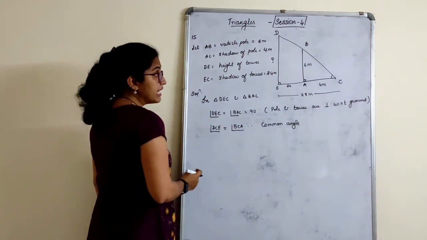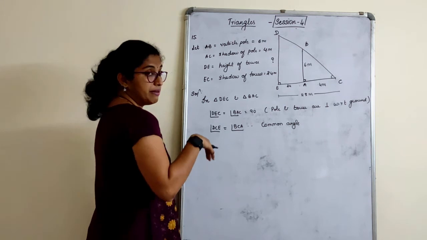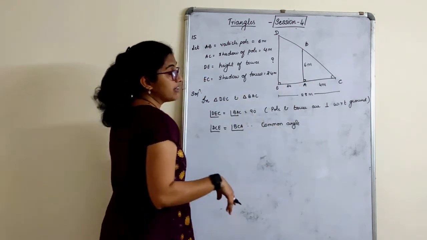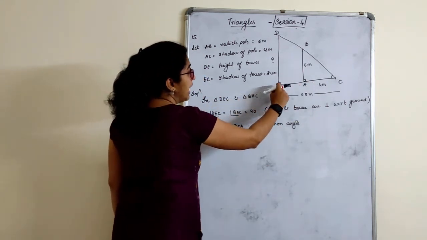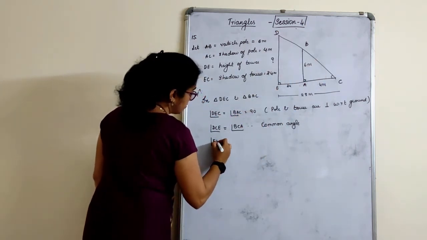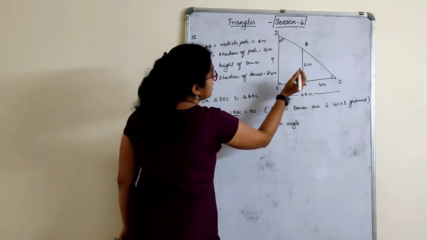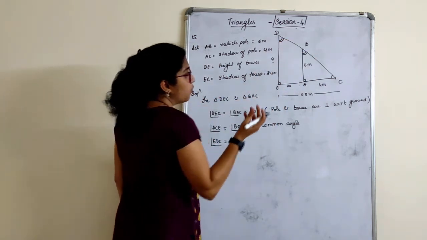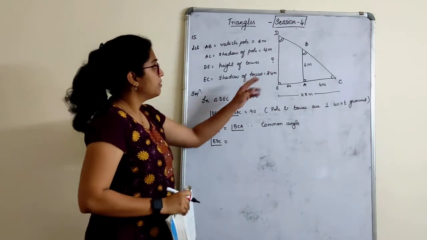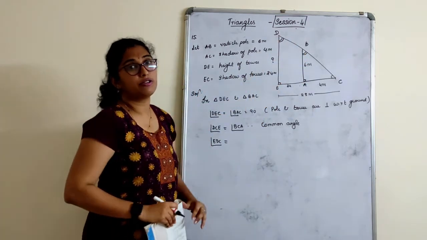Now which is the third angle? Actually the third angle is required here. Let us write the third angle, children. Why? Because the sides we have lie in the third angle only. Angle EDC, see this is the third angle, is equal to this. One more simple way I will tell you: the pole and this are parallel, so corresponding angles are equal, which can also be used.